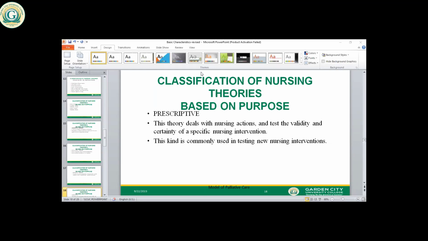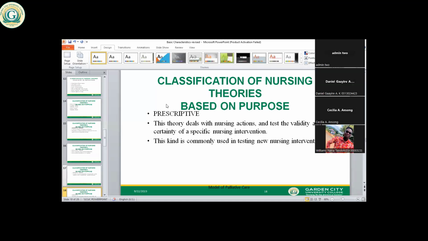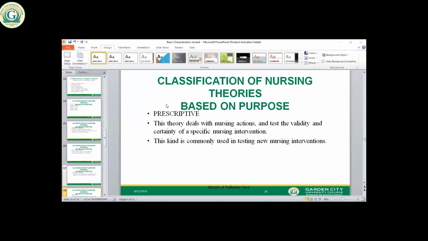Okay. So the last under the based on purpose is the predictive. No, we've discussed the predictive. So it's the prescriptive. This theory deals with nursing actions and tests the validity and certainty of a specific nursing intervention. These types of theories are used when there is a new intervention, a new thing, and we want to test it.